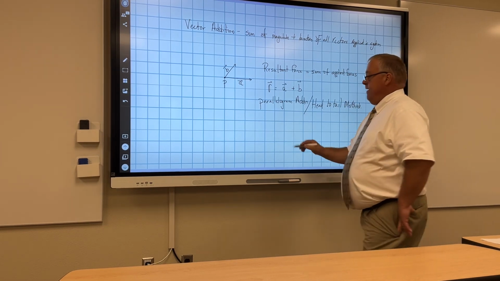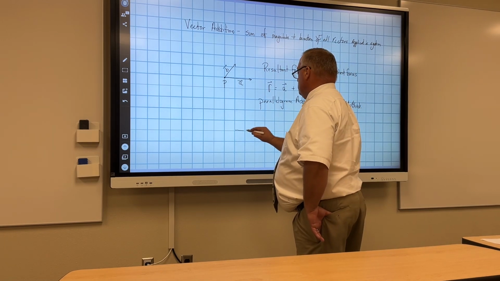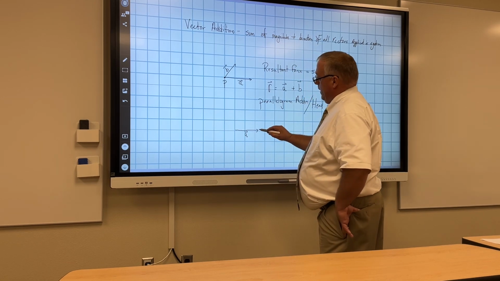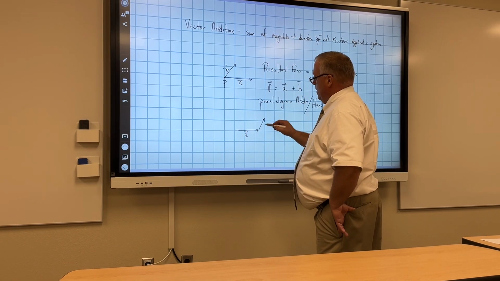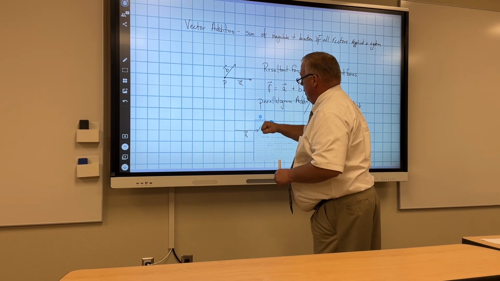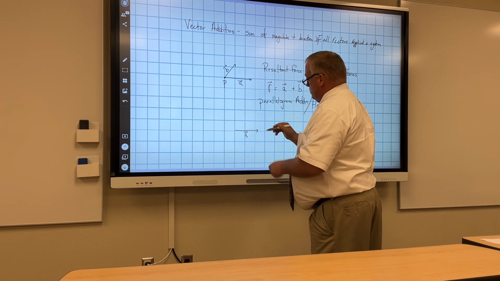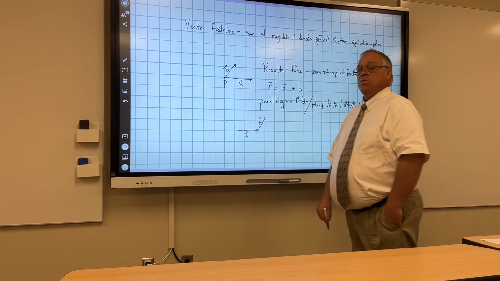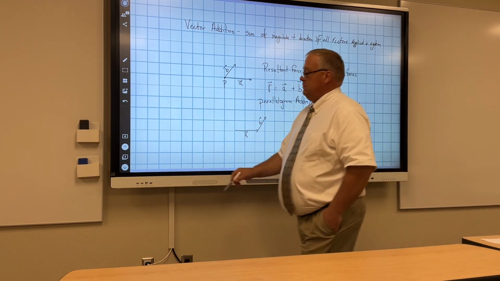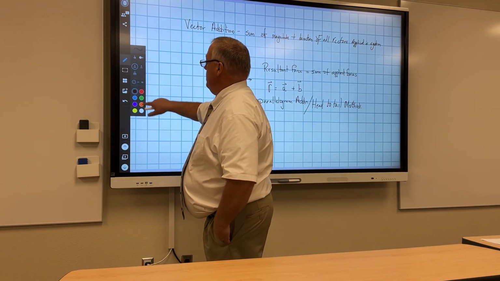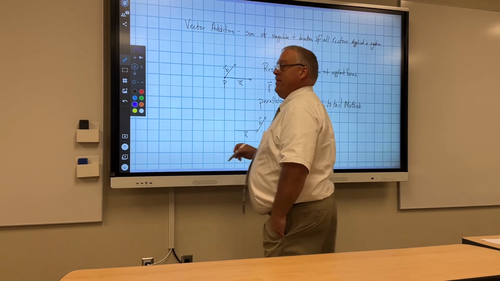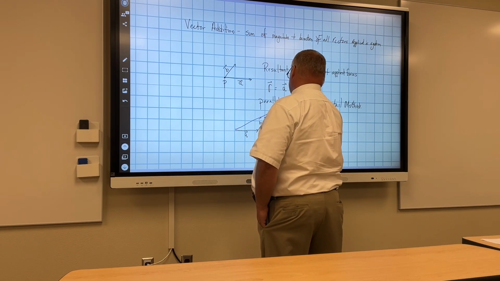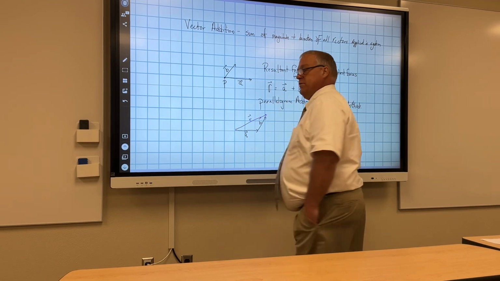So we take vector A and we move vector B. I don't like that. Okay, so if we do it head to tail, we're going to come up, I like purple today, how about that? With the resultant vector R.